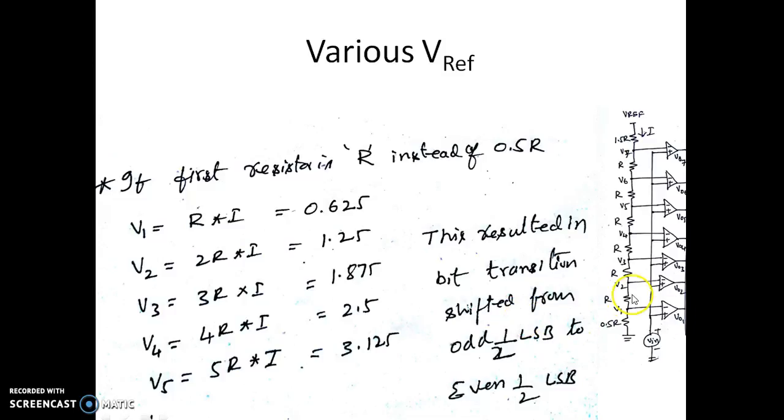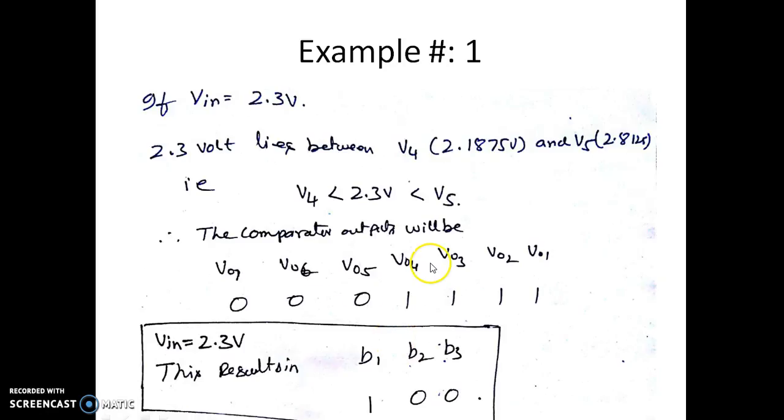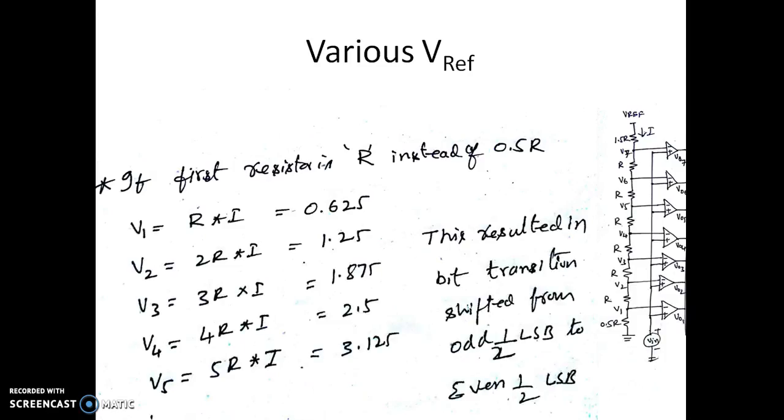What we have considered is 2.3 volt, which is certainly more than V4, and V4 is equal to 2.1875.